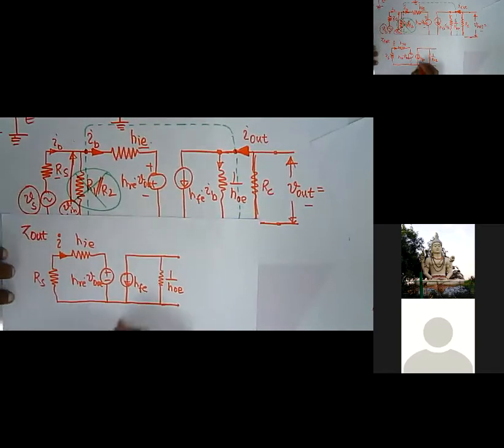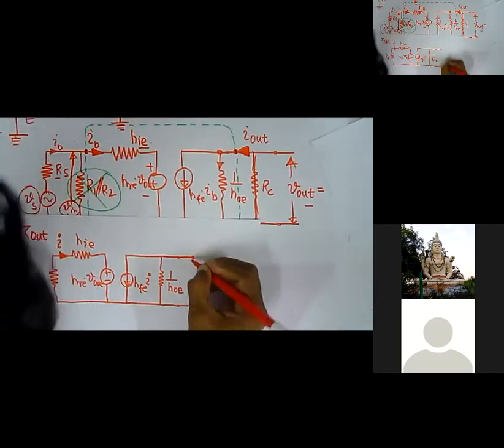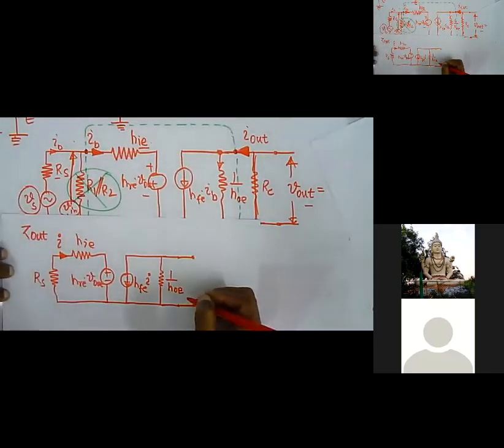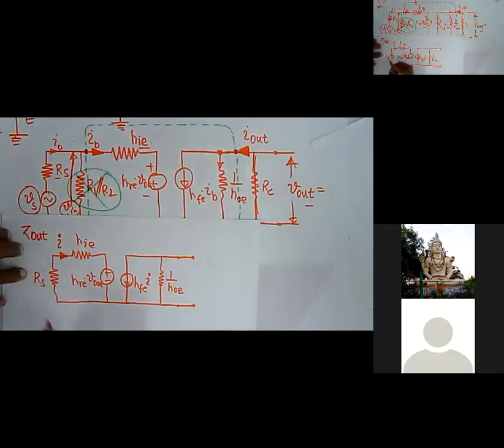If this is I, then this becomes HFE into I. You need to short circuit the input, and the output must be open circuited.